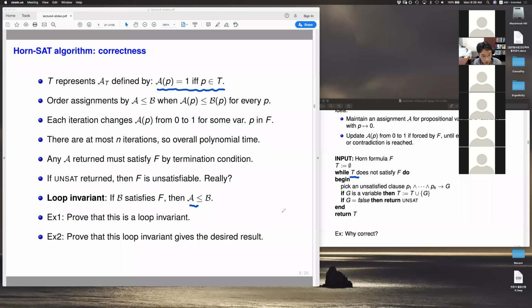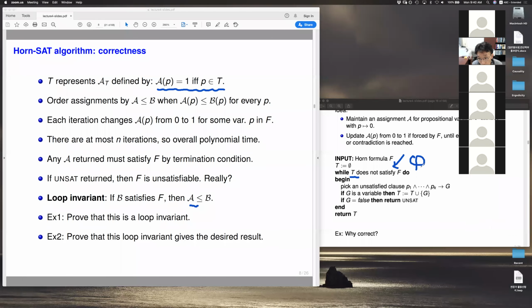Now, if you have no idea what a loop invariant is, a loop invariant is some property. If you have a loop like this, some property, I'll call it phi, which will be true when we reach the loop for the first time. So right after this assignment, phi has to be true.